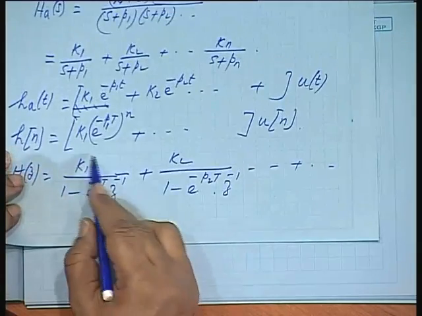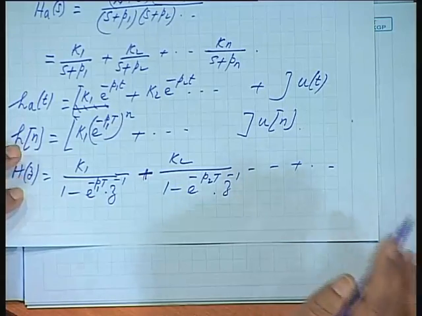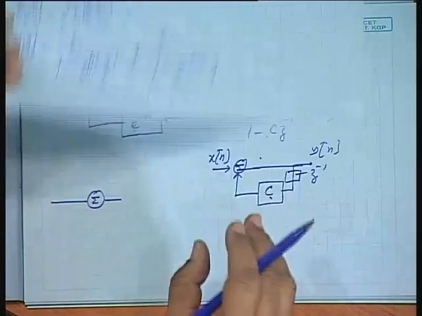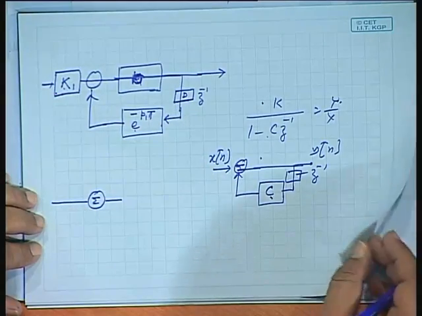So there are such blocks and they are to be added. So what will be the net structure? Such blocks will come in parallel, is it not?